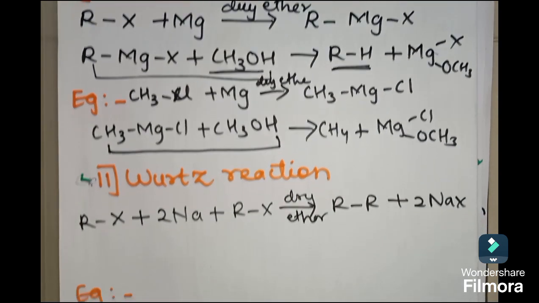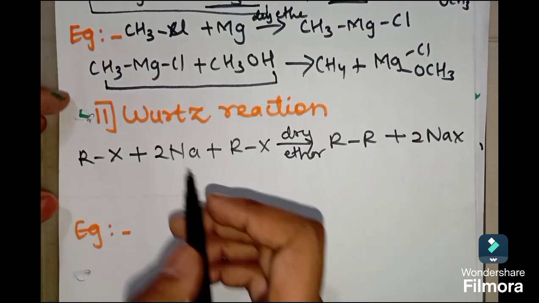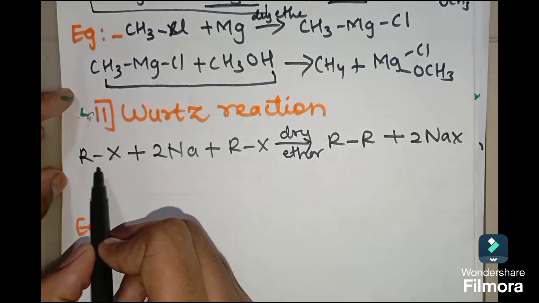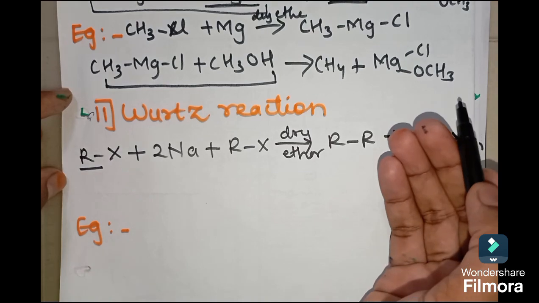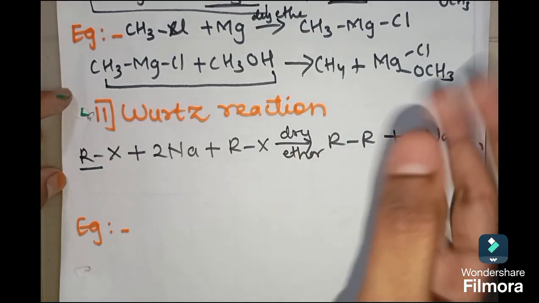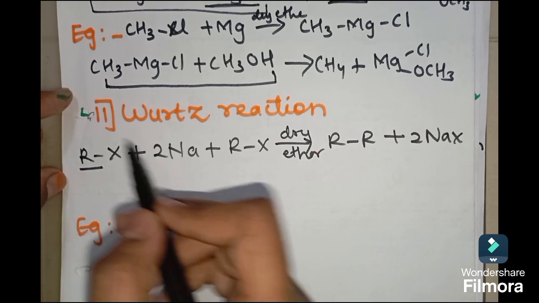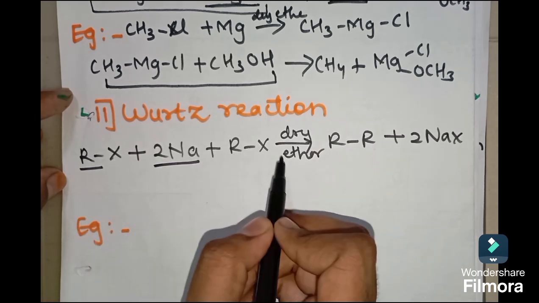Now next is Wurtz reaction, which is one of the important reactions for your board exam. In Wurtz reaction, we are going to form higher alkane. So if you take one methyl group over here, you will get ethyl group. So if you take ethyl, then you will get butyl or propyl group. So okay, we have one alkyl halide over here, and I have reacted it with sodium and one more alkyl halide.